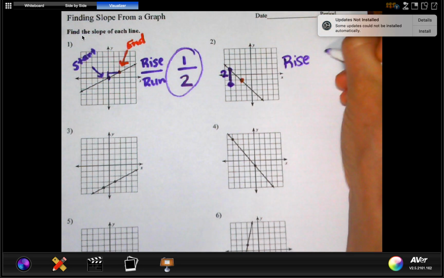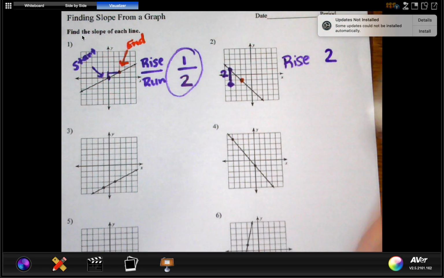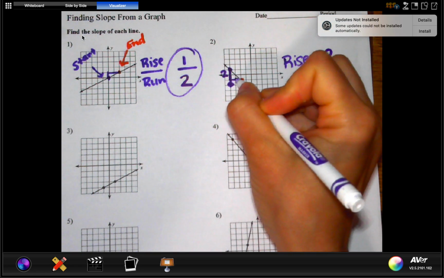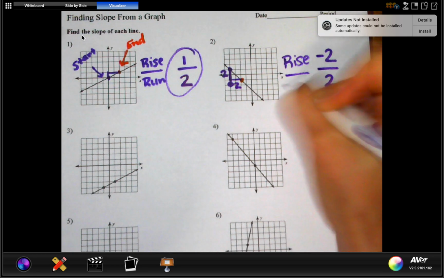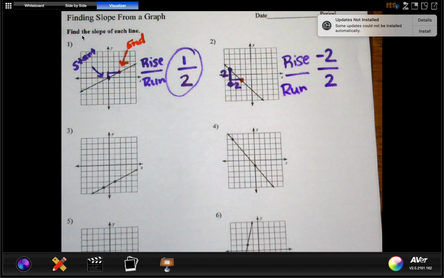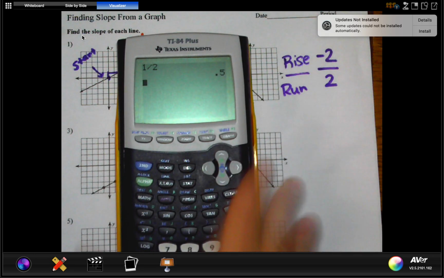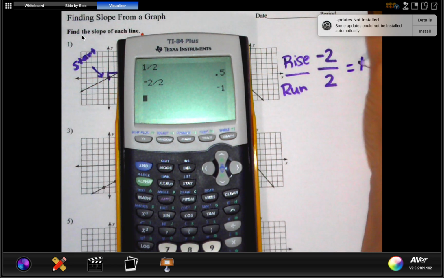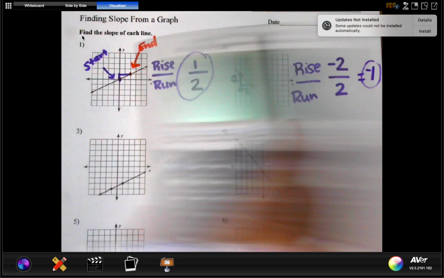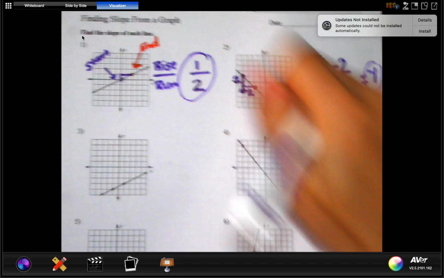My rise is 2, and I went down, so it is -2. And my run then is 1, 2. That's my run. So my rise is down 2, my run is right 2, and I simplify that in my calculator. -2 divided by 2 gives me -1, and that is my slope. Also, you know it's negative because it is going down.